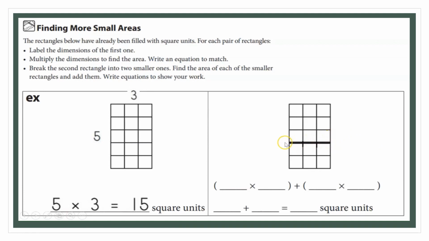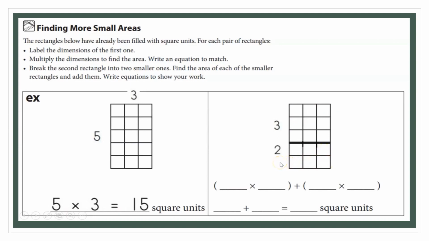So here is where I'm breaking up the second rectangle into two smaller ones. And now I want to make note of how many rows are in each of these smaller rectangles. So there are 3 rows in the top rectangle and 2 rows in the bottom rectangle.